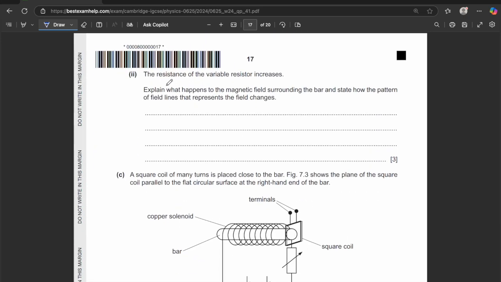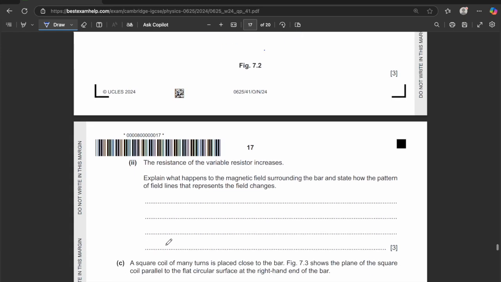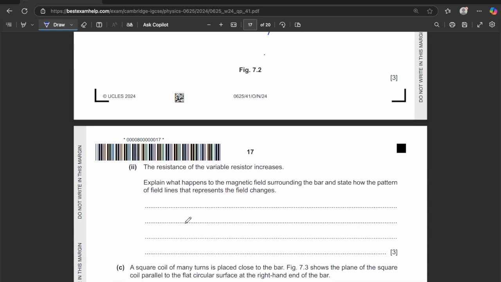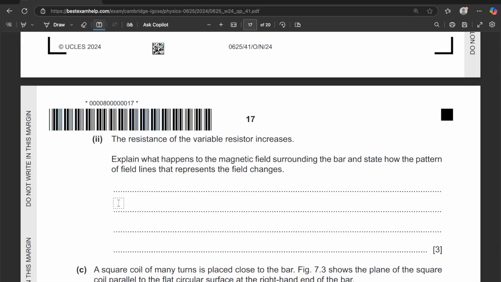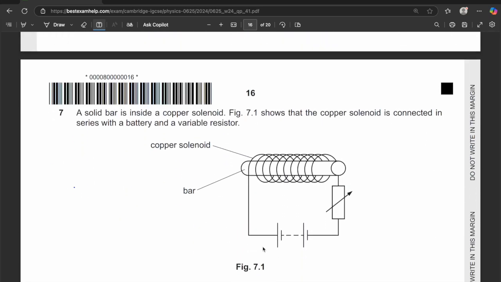Number 2, the resistance of the variable resistor increases. Explain what happens to the magnetic field surrounding the bar and state how the pattern of field lines that represent the field changes. If resistance increases, the current will decrease because they're inversely proportional to each other.